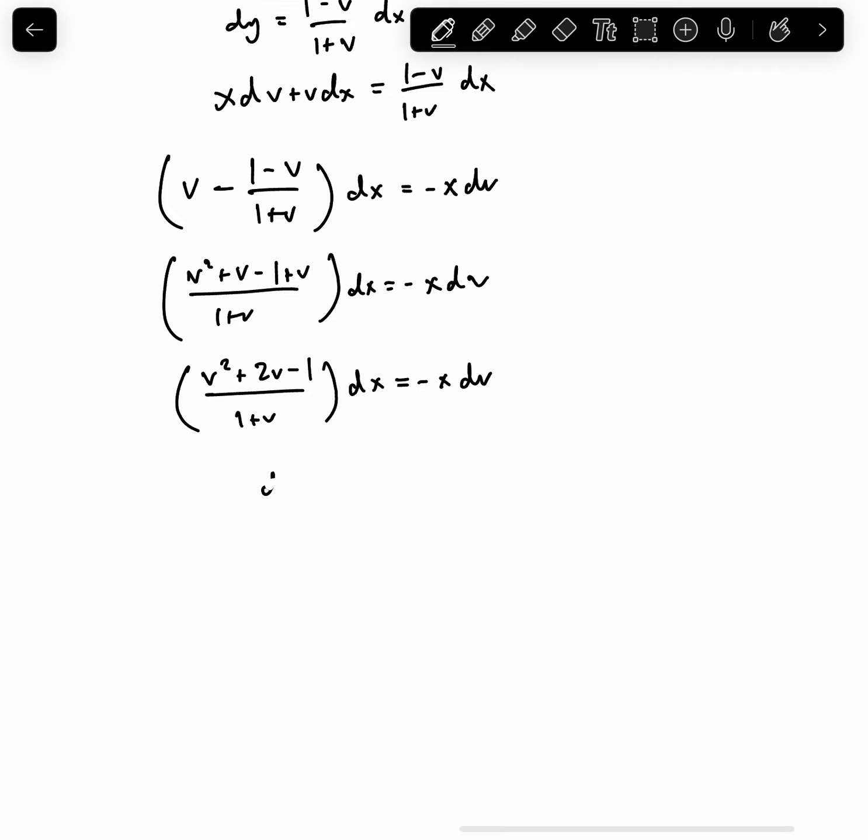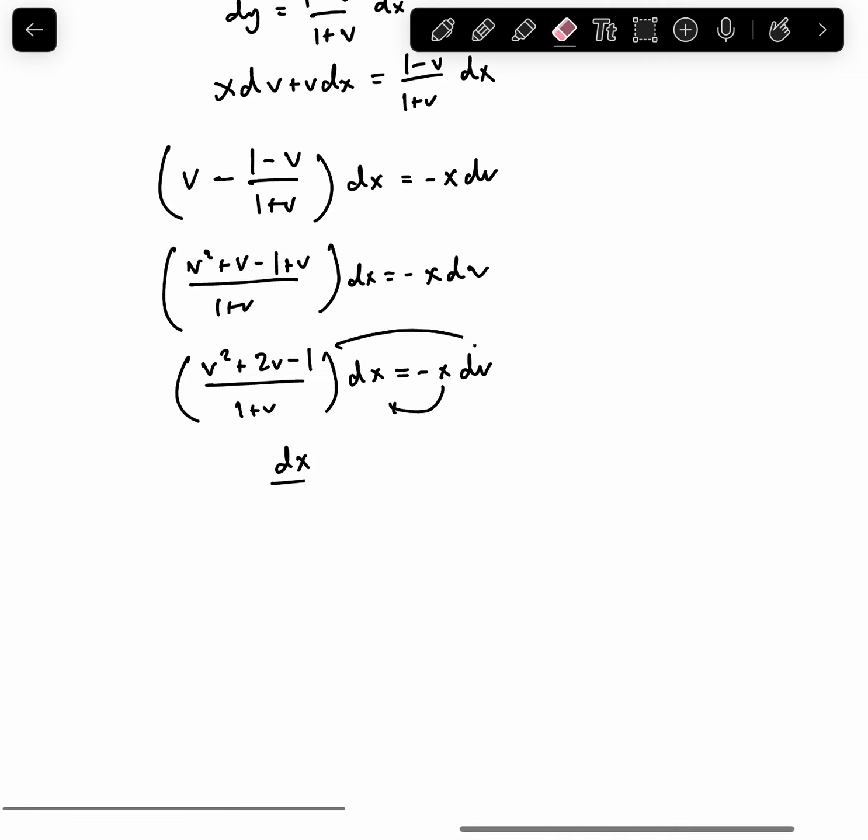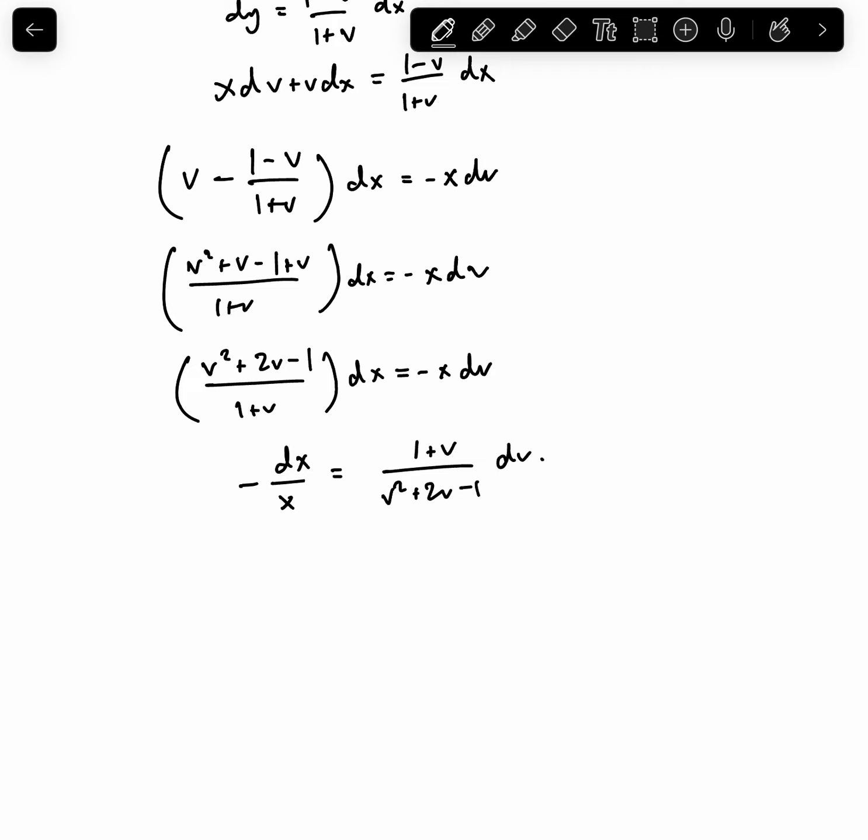If we move x to this side and move this term to the other side, we will get the following equation: dx over x is equal to minus (1 plus v) over (v squared plus 2v minus 1) dv. Great. Now, we've separated the variables.